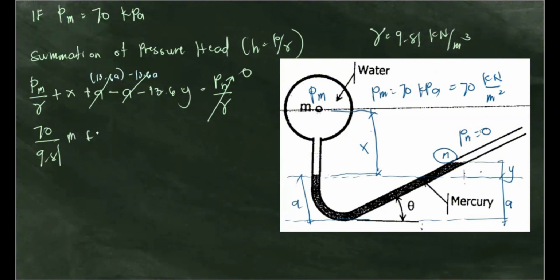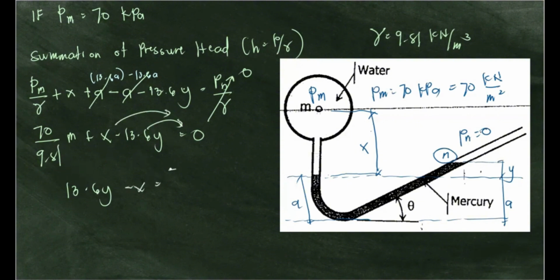Then plus X minus 13.6Y is equal to 0. So rearranging this, so that we have two equations in two unknowns ready for our solution, this will become 13.6Y minus X is equal to 70 over 9.81. This will become our equation number 1. Okay? So that will be our equation number 1.